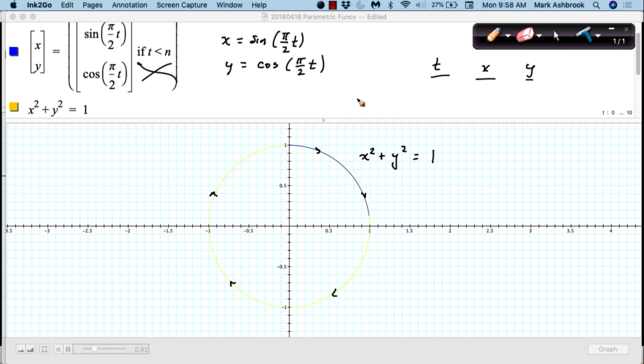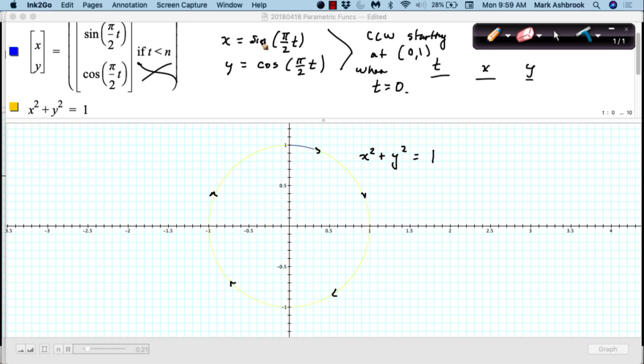It's just all the points. So that's another feature of parametric functions that just equations don't have. They have direction. Starting at, where does it start? 0, 1. When? T equals 0, right? So we can talk about the direction of a parametric curve.